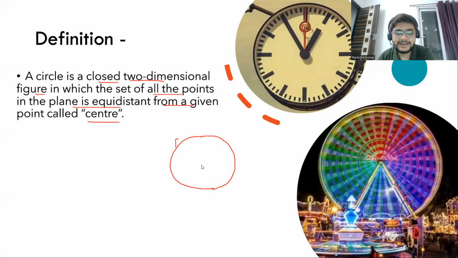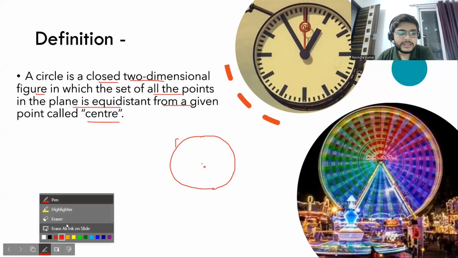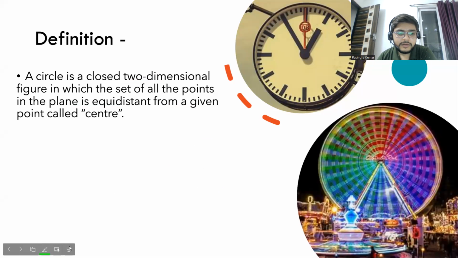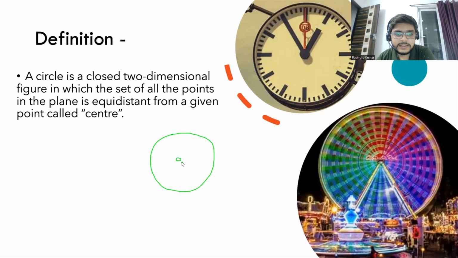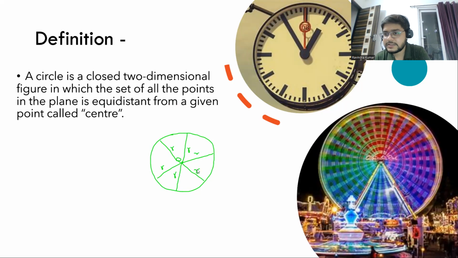This is the center O. When you measure the distance from the center to the boundary, let's say it is R, and when you measure from here, it is also R, and from here it is also R. So the distance from the center to the boundary of the circle is always constant, or all equidistant from the center.